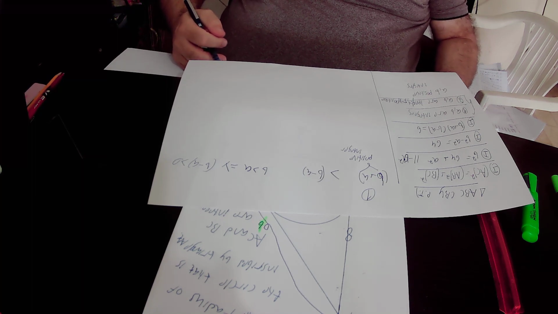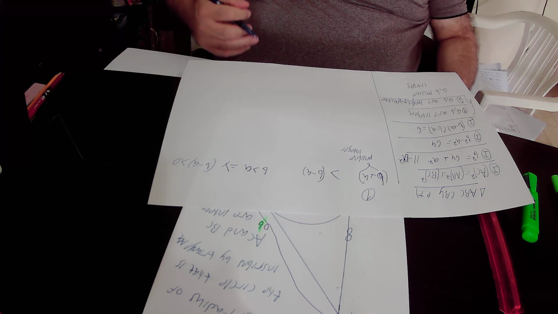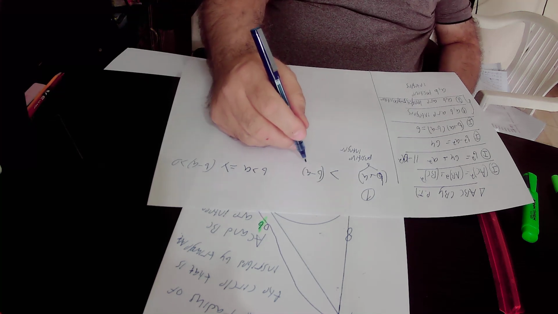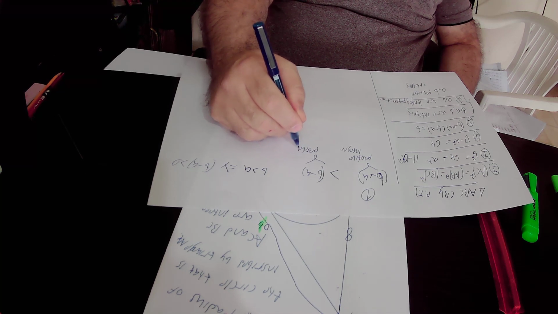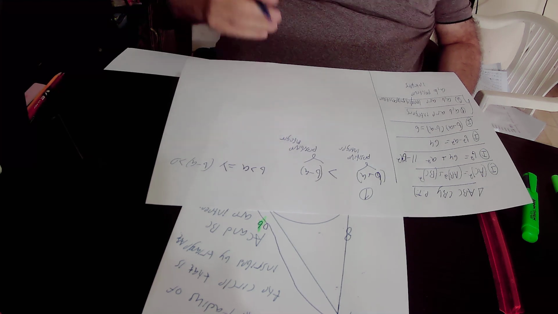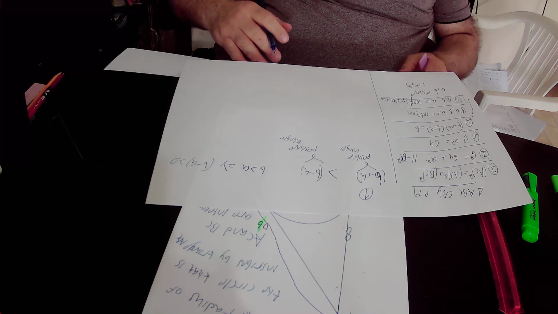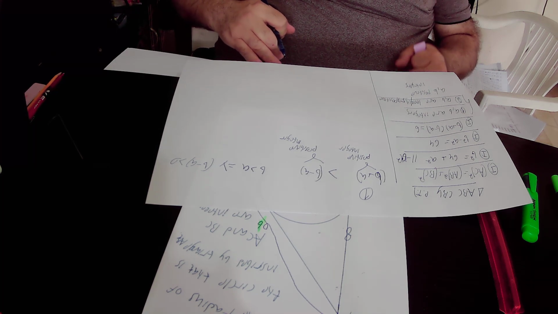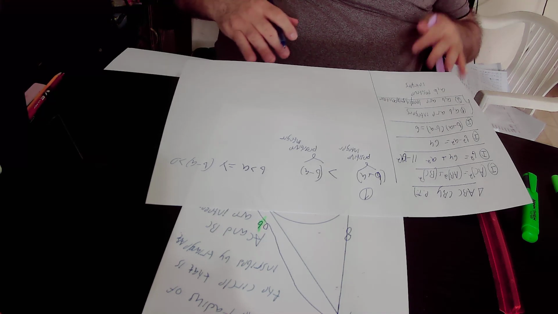But because B is a positive integer and A is a positive integer, if B minus A is positive, it must be a positive integer. That is to say, here B minus A is a positive integer. Okay? Actually, in the world of the positive integers, if you add two numbers together, you must remain in this world of positive integers.